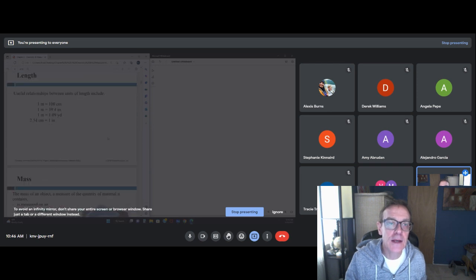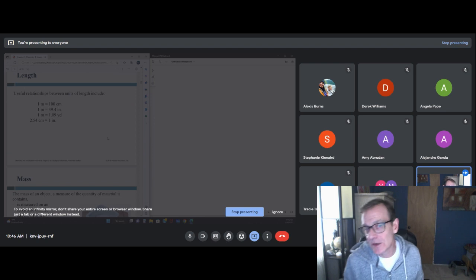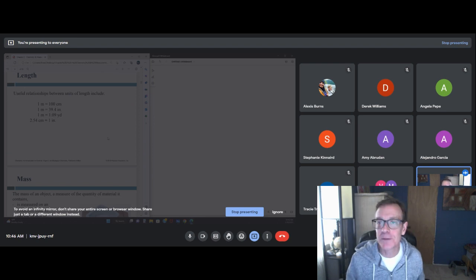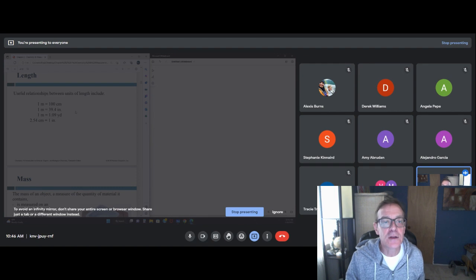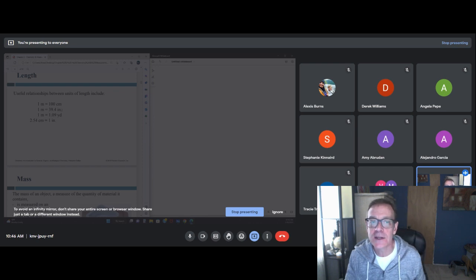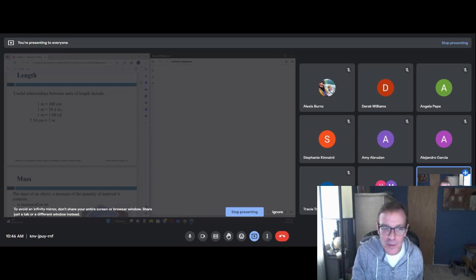Okay. And again, useful things you should probably, if you don't have these committed to memory, just to make your life a little easier at some point. A meter is 100 centimeters, obviously. A meter is slightly longer than a yard, about 3.5 inches longer.